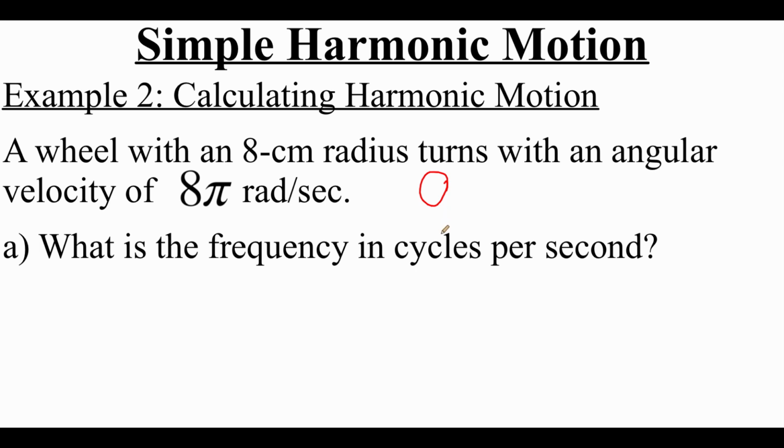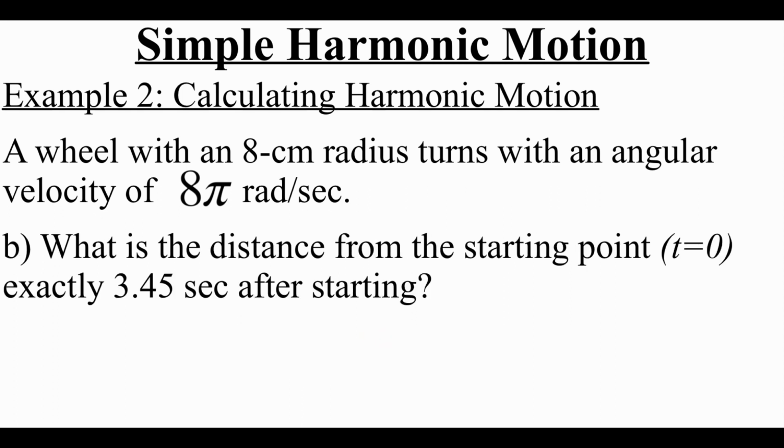One full rotation is 2 pi radians. Well, this rotates 8 pi radians per second. So if one full rotation is 2 pi, then this wheel is making 4 rotations every 1 second. We can think about that as being the frequency of this wheel spinning, 4 rotations per second.